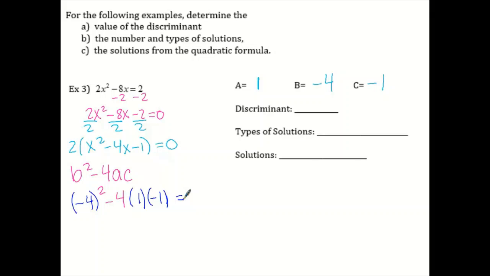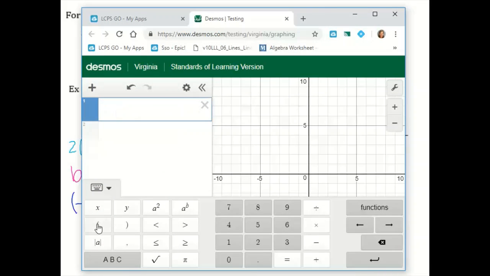Okay, I'm going to come over to Desmos and type that in. So I have parentheses, -4 squared minus 4 parentheses, my a was 1, and my c was -1. And I get 20.